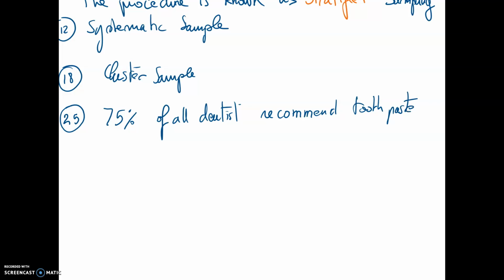Therefore, this toothpaste is better than all other types of toothpaste.